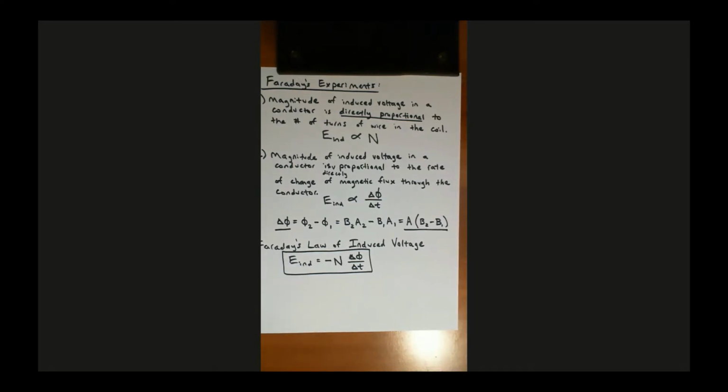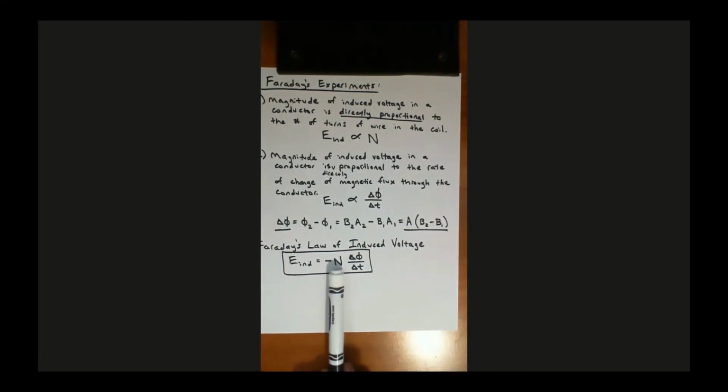I want to increase the output voltage in my generator. And let's talk about the magnitude, all right? That way we don't have to worry about this negative sign. I want to increase the magnitude of the induced voltage, or the output voltage, in my generator. I could do that by increasing N, so I could use a coil of wire in my generator that has more turns in it, more loops.